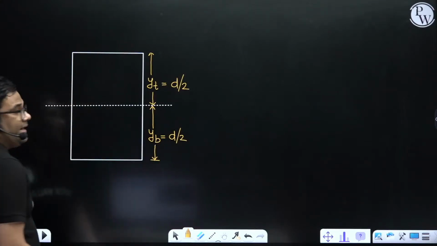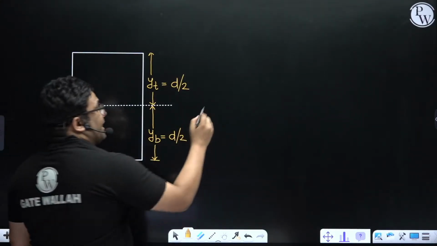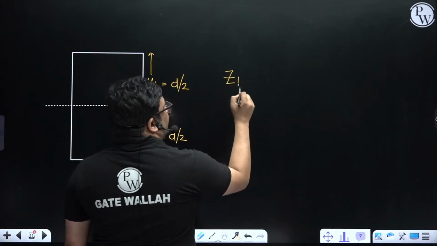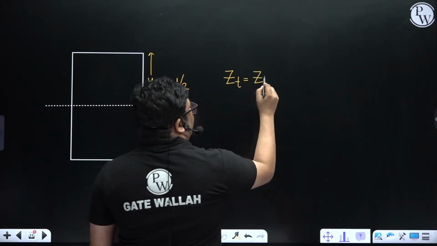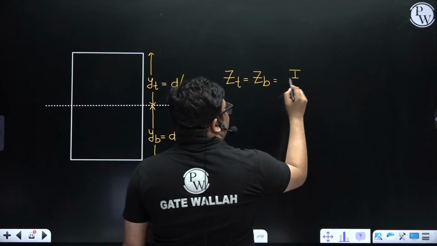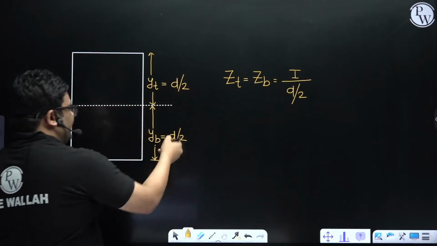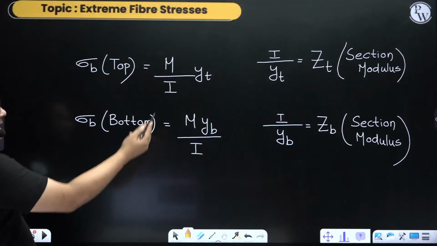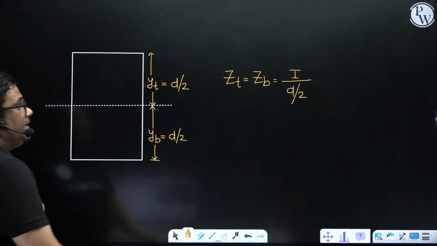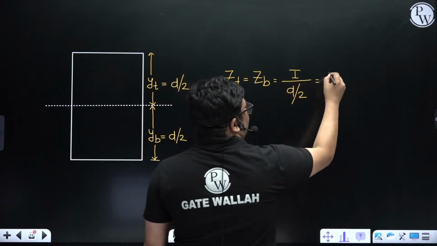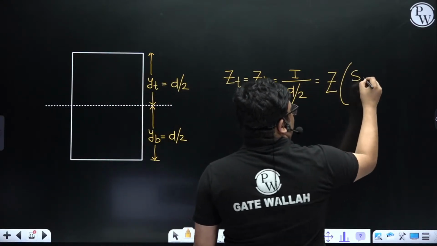So in the case of a rectangle, Z top is equal to Z bottom is equal to I by D by 2. Either you take y top or y bottom, it is the same. Suppose I call that the section modulus of a rectangle.